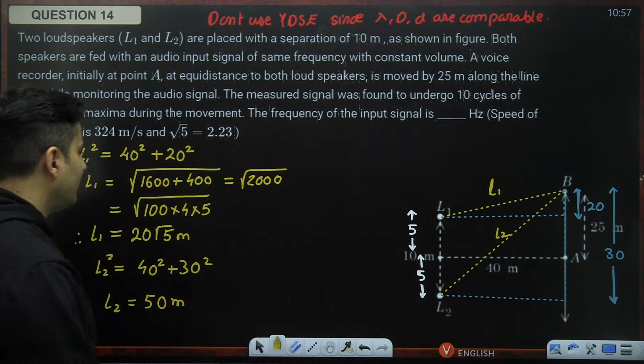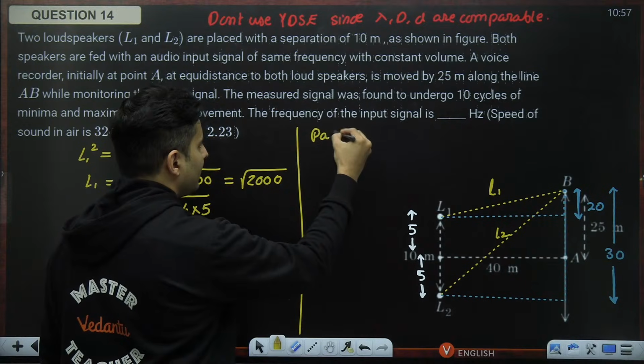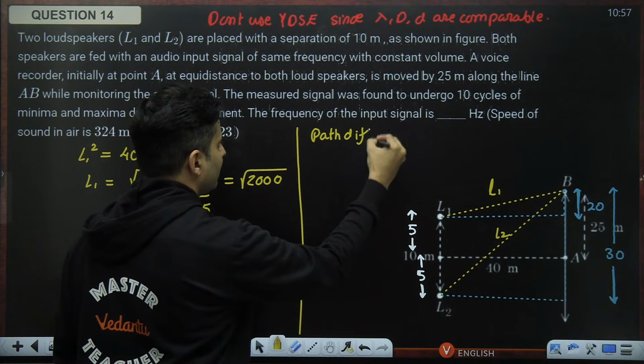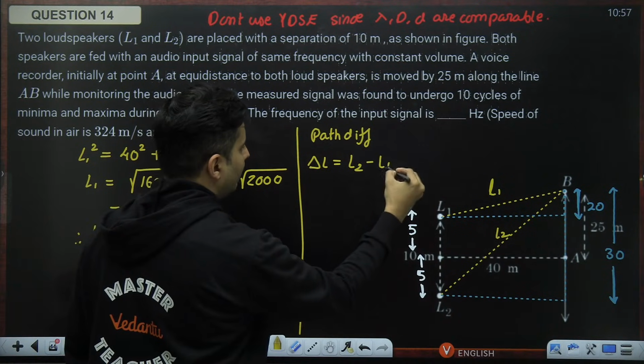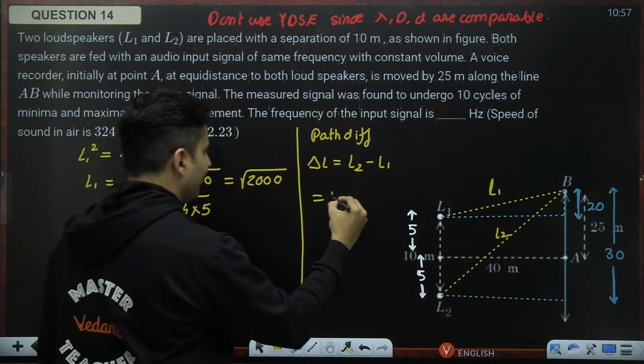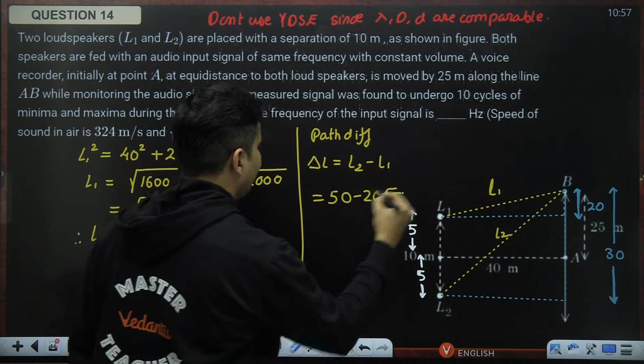Okay. Once I get this, from here I will get the path difference. The path difference, that will be delta L, which will be L2 minus L1 in this case, which will be 50 minus 20 root of 5.